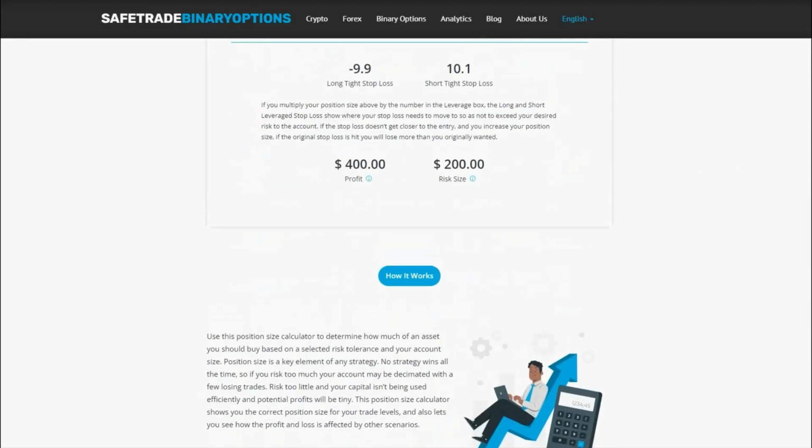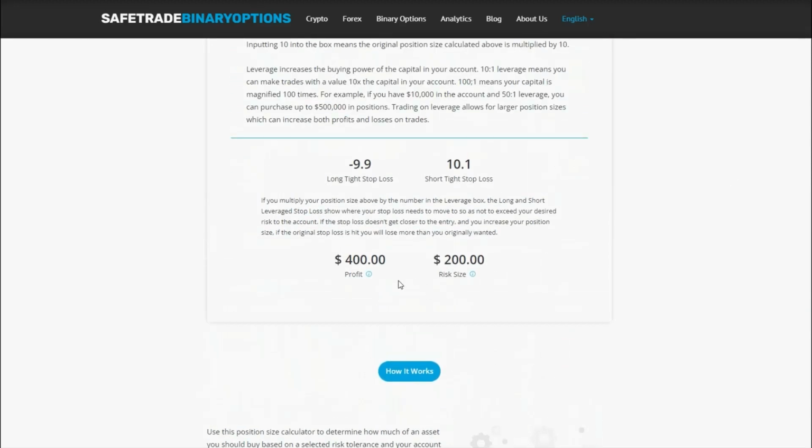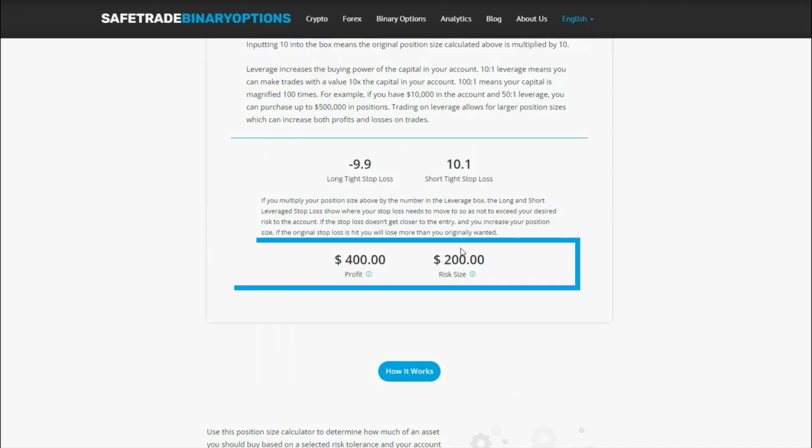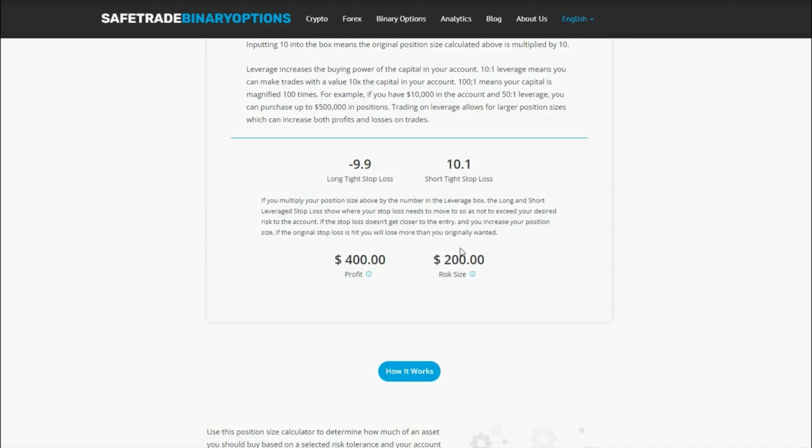That's more risk than most people are comfortable taking. And that's what these other numbers are here for. So these show just what would happen if you increased your position size by 10. Okay, we make 400, but we're risking 200. If we want to bring this risk back down to $20, but still keep that larger position size magnified by 10, then we'd have to use the tight stop loss.